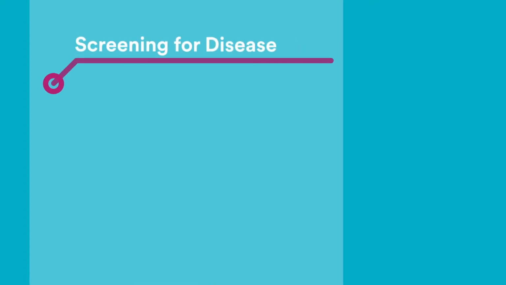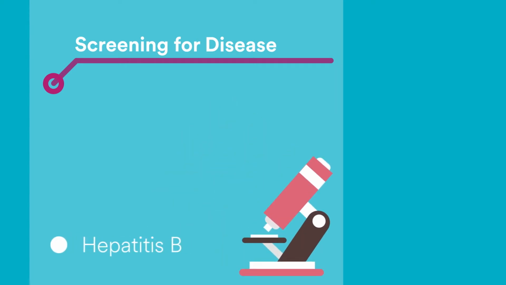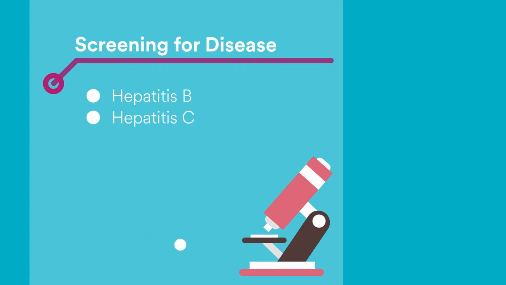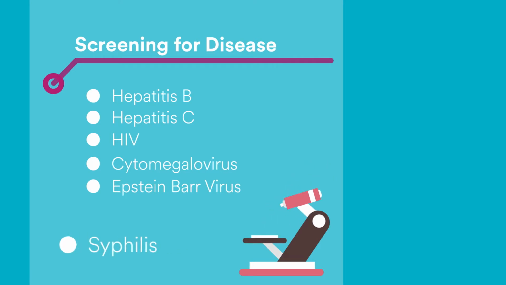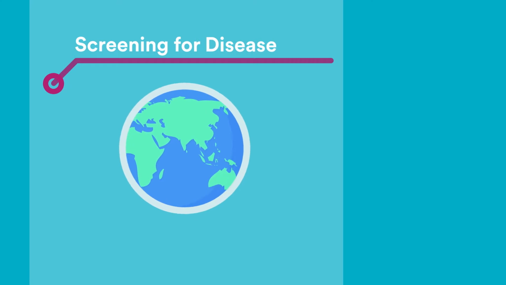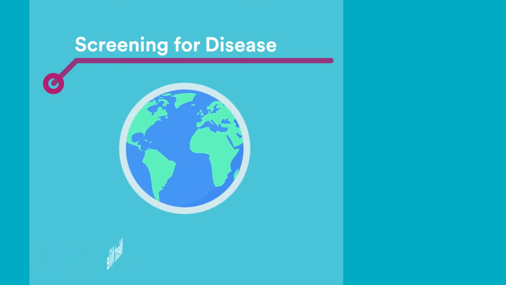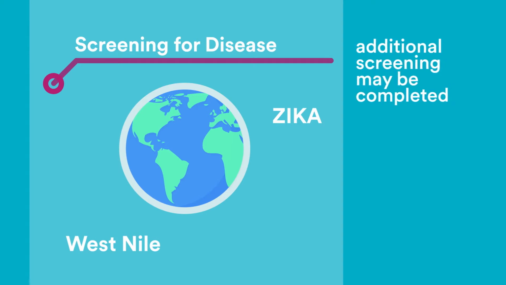Screening for transmissible disease. You will be screened for certain transmissible diseases, which include hepatitis B, hepatitis C, HIV, cytomegalovirus, Epstein-Barr virus, and syphilis. If you live in an area known to have a transmissible disease specific to that area, like West Nile virus or Zika virus, additional screening may be completed.